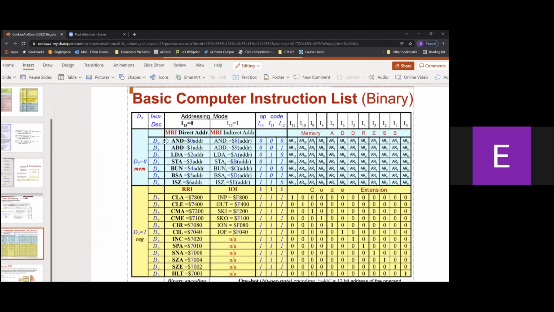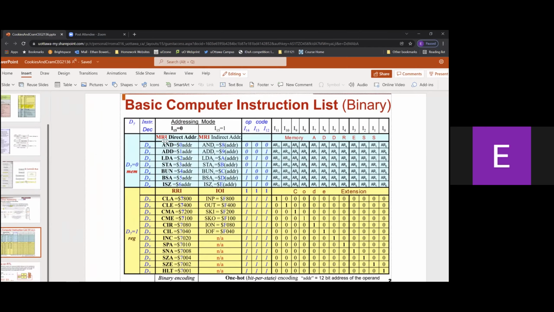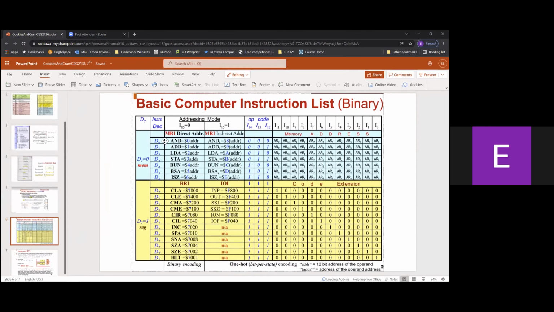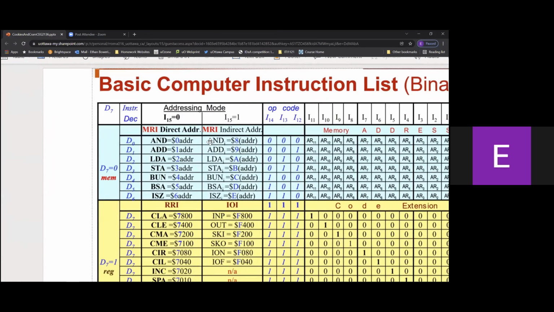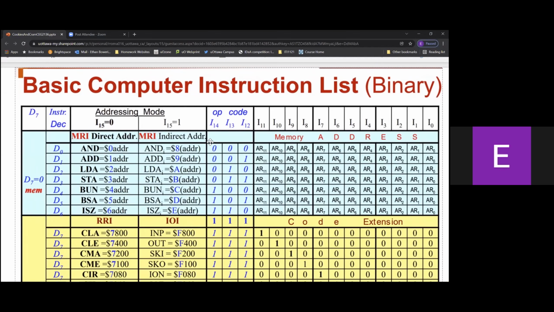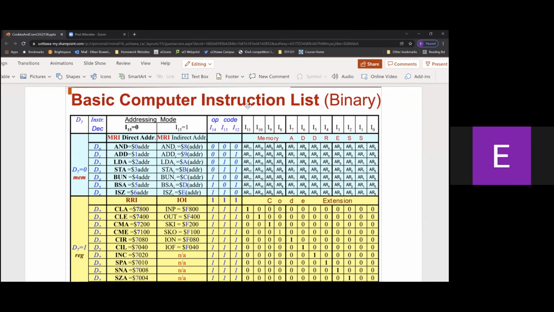If we look at this slide here, it's a messy slide. There's a lot going on. But let's look through this. This is a basic computer which uses 16-bit instructions. So here's the bits, I0 all the way through I15. It shows when I15 is 0, it'll do that. I15 is 1, it'll do that. So remember, this is our indirect bit.